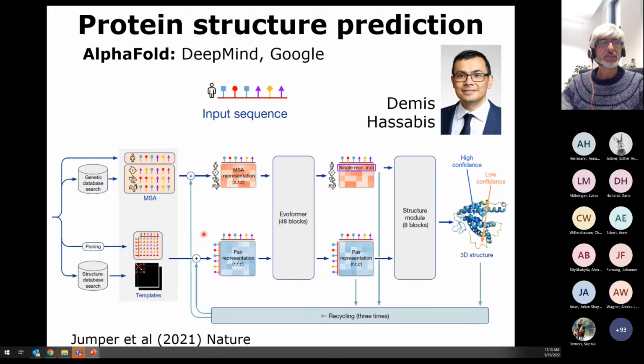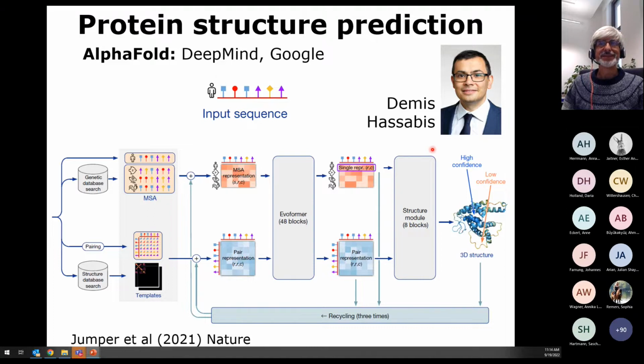And so, in fact, the program, maybe you heard of this, the program that is doing this with more success is called AlphaFold, which was developed by a company called DeepMind in London that was bought by Google, of course, some time ago.